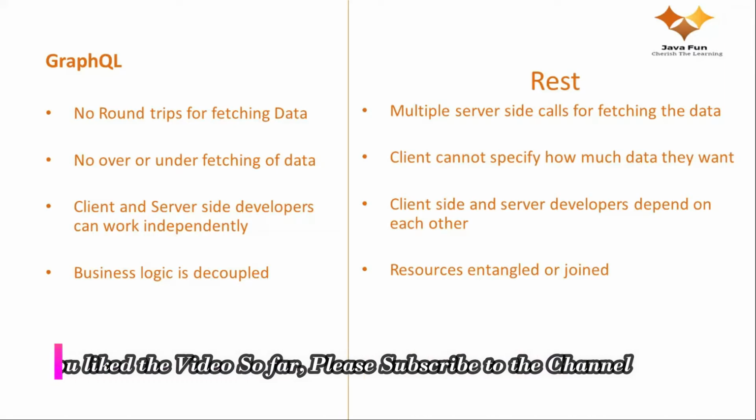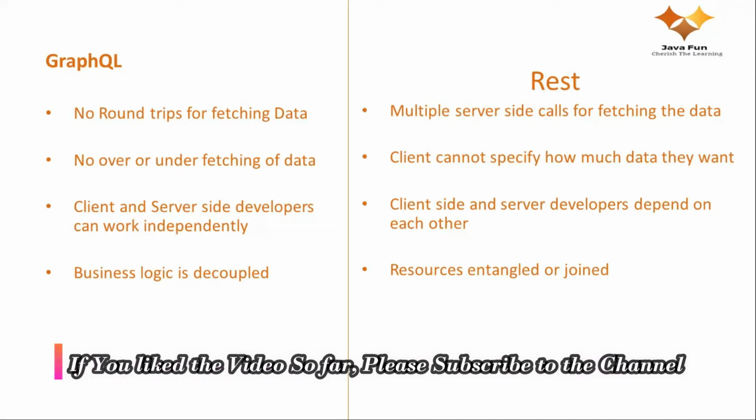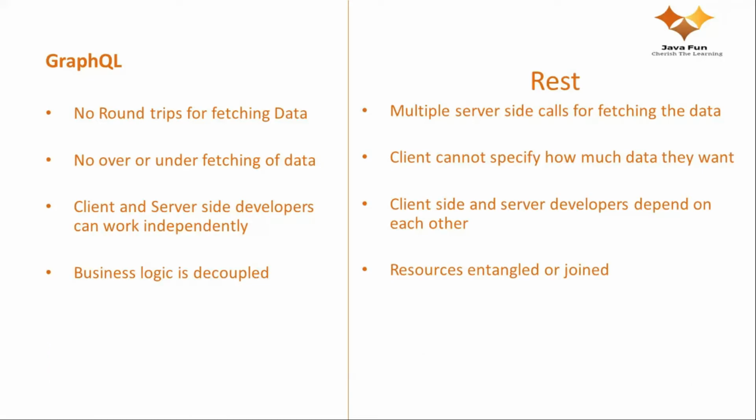Since GraphQL works with a contract, and that contract is a schema that you generate before starting to work on the logic, client-side and server-side developers can work independently because they already know the contract by which your server-side endpoint is going to send back the data.